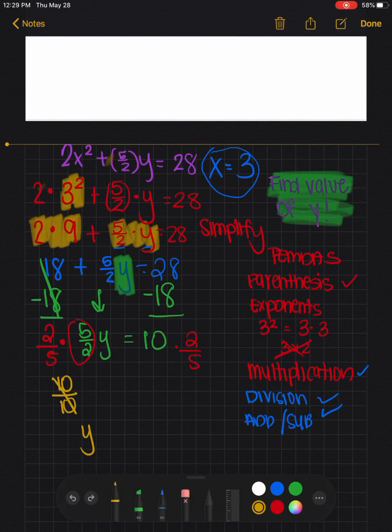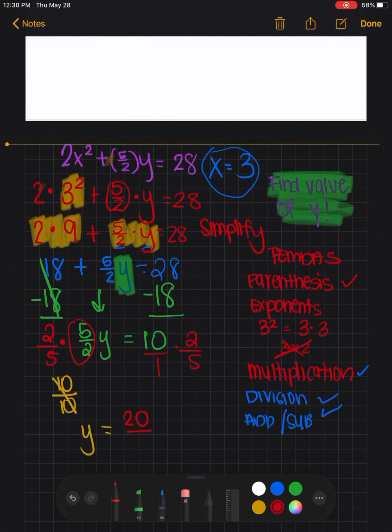Then I'm going to multiply on the right side of the equation. I have a whole number 10 times a fraction 2 over 5. Anytime we multiply a fraction by a whole number, we change that whole number into a fraction by putting 1 under it. So instead of 10, it becomes 10 over 1.